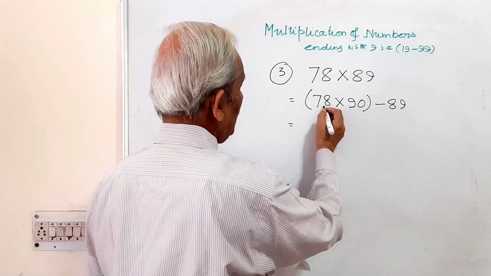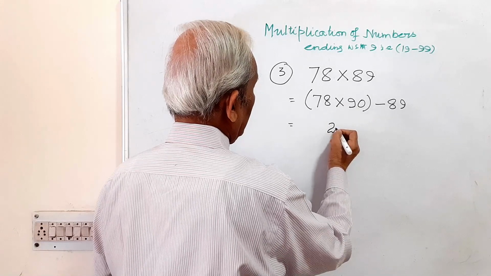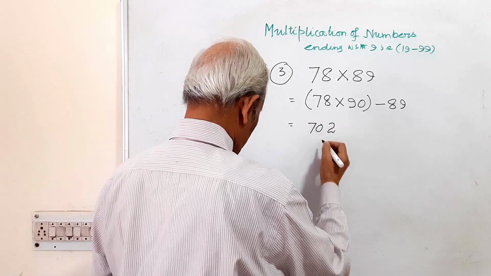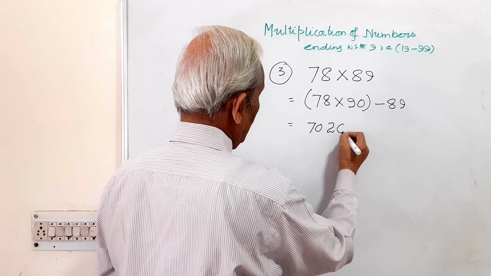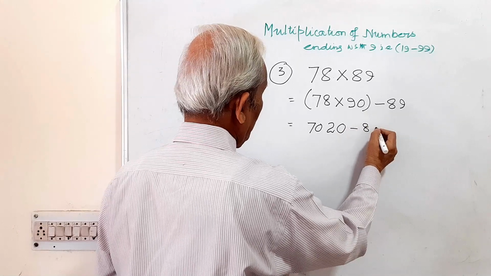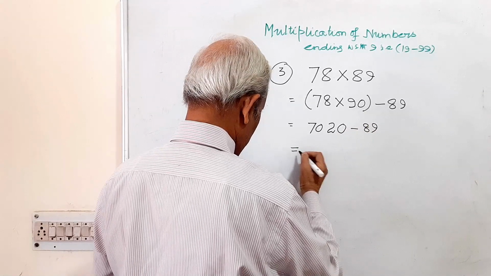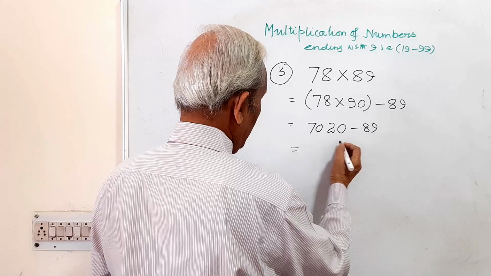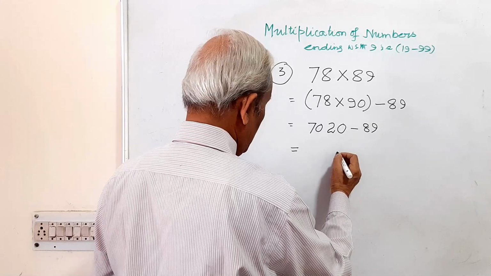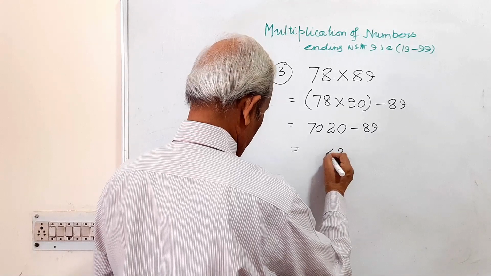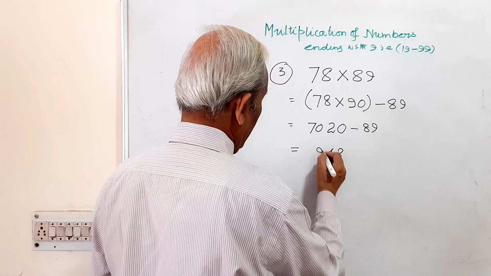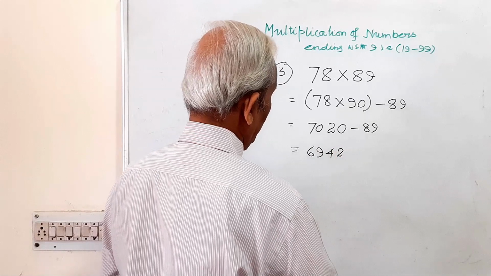This comes to 7020 minus 89, and that comes to 2496.